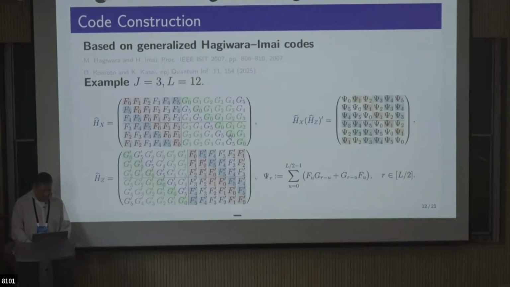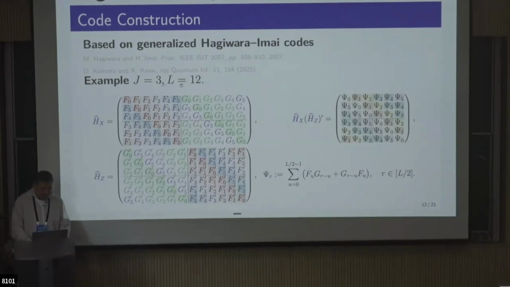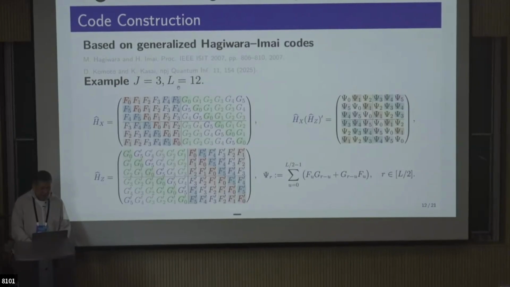For column weight J equals 3 and row weight L equals 12, we prepare 6 permutation matrices F0 to F5 and 6 other permutation matrices G0 to G5. Each Fi and Gj is a binary permutation matrix of size P, and in the experiments I show later, P is on the order of several hundreds.